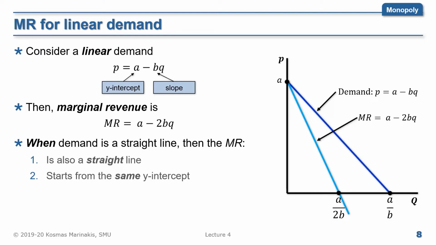As you can see here, they both start from A, and the marginal revenue has double the slope.